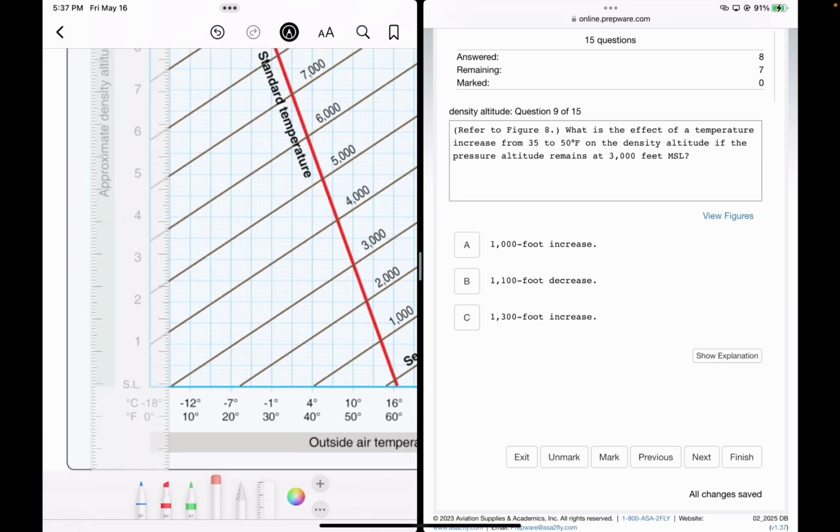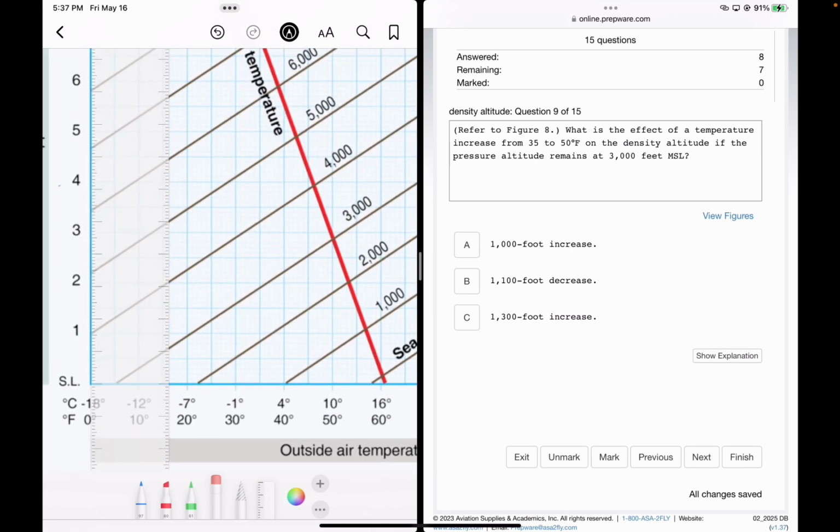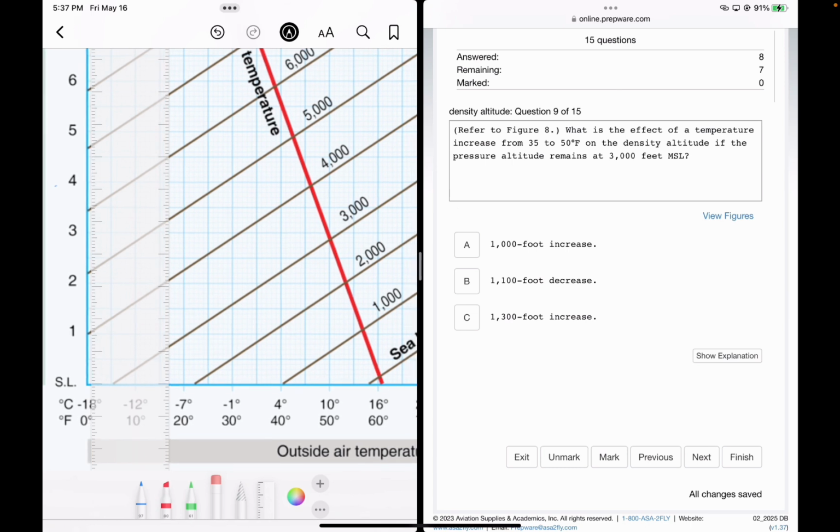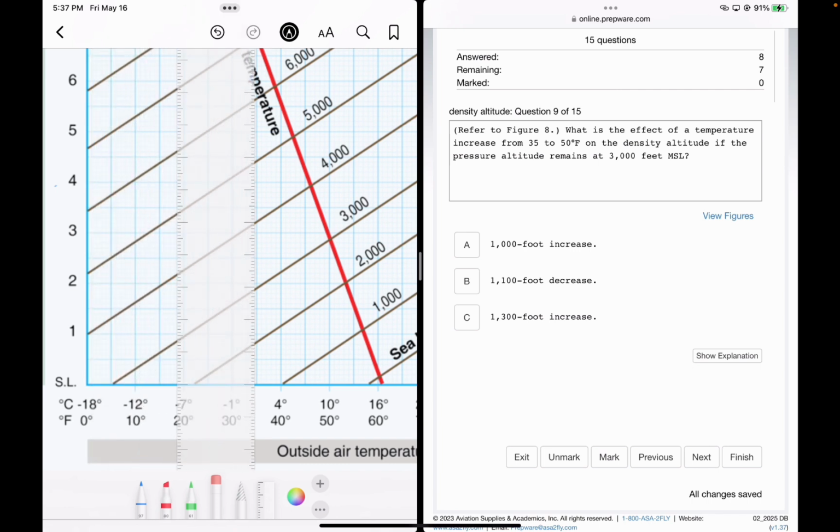I'm gonna zoom in right there. We're gonna go to 35 degrees with our ruler, and then we are going to draw a line.